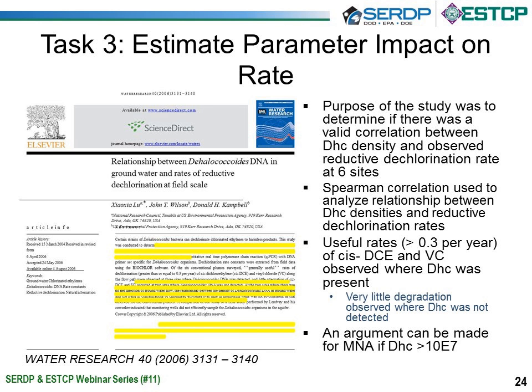After that, they used Spearman correlations to analyze these relationships. And the conclusion of that study was that useful rates, which are typically higher than 0.3 per year if the remediation is required in 30 years, were observed for DCE and vinyl chloride when Dehalococcoides densities exceeded 10 to the 7th.